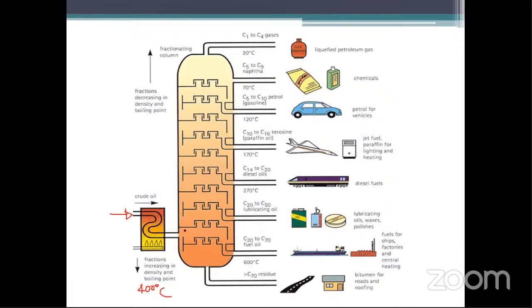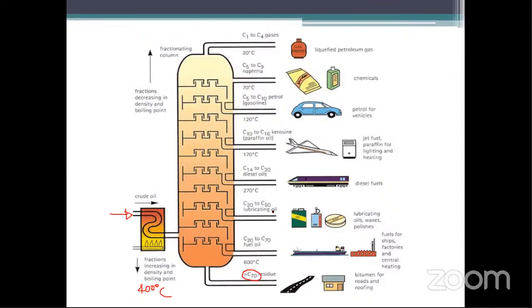And what happens very quickly is that molecules that have different numbers of carbons in them will start to go to the different fractions. And then you have the gases that are coming off at the top. So if you notice, the bottom fraction comes off if the molecule has more than 70 carbons inside. But then fuel oil has carbons from C20 to C70.